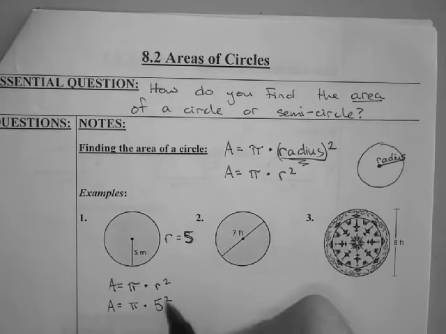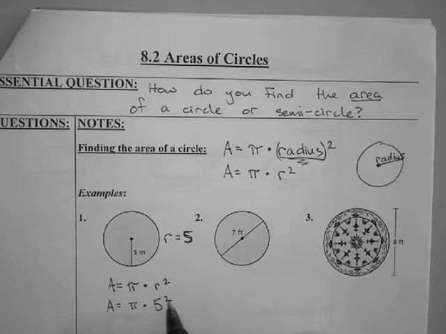But what does the squared do? Well, the squared is not, I repeat, it is not 5 times 2. The squared tells me to multiply 5 by itself. So 5 times 5. So we really have area is equal to pi, which is 3.14, times 5 times 5.